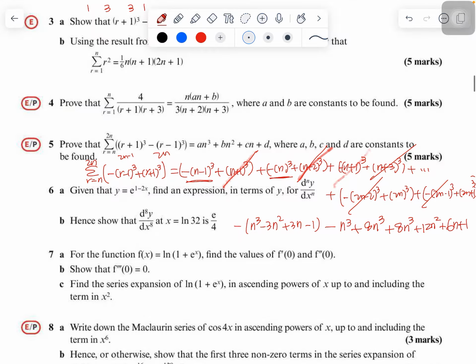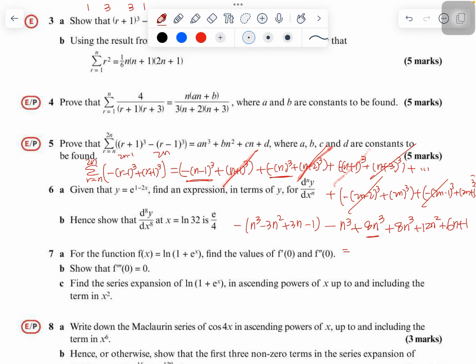So now we have 6n cubed. Oh no, so here, here, here, and here. So not 6, actually 14. 14n cubed and plus 3 plus 12, 15n squared plus 3n plus 2. I think this could be the answer.